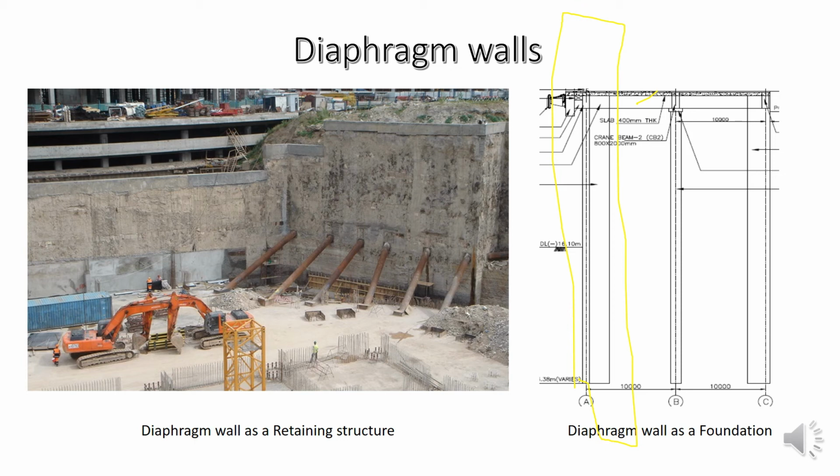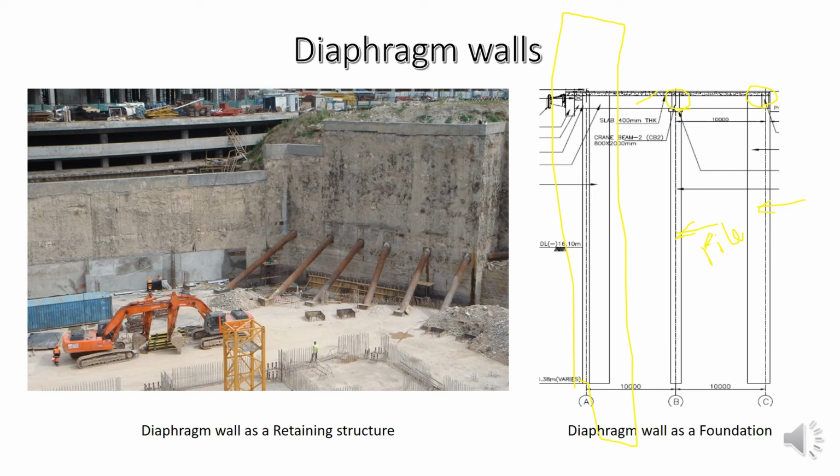This is also a beam, and this is also a beam, over which the slab is laid. This one is pile, this one is pile, this one is also a pile, and this one is also a diaphragm wall. Generally we call it an anchor wall.